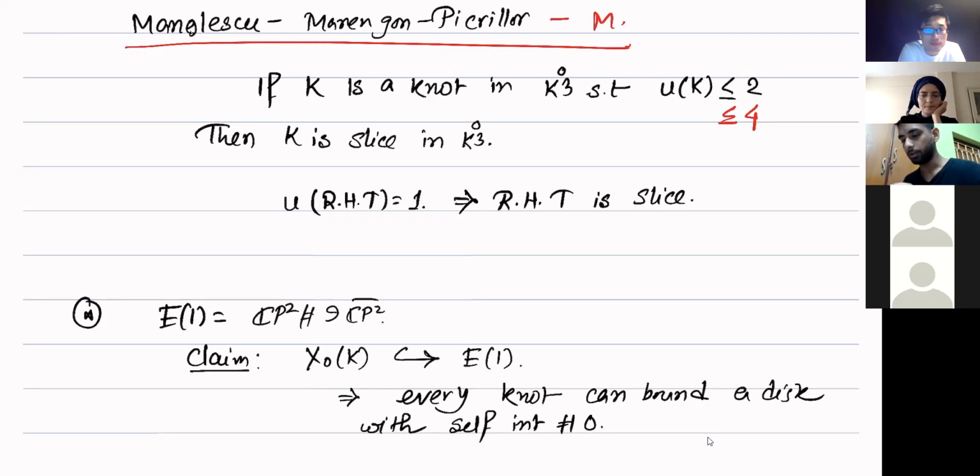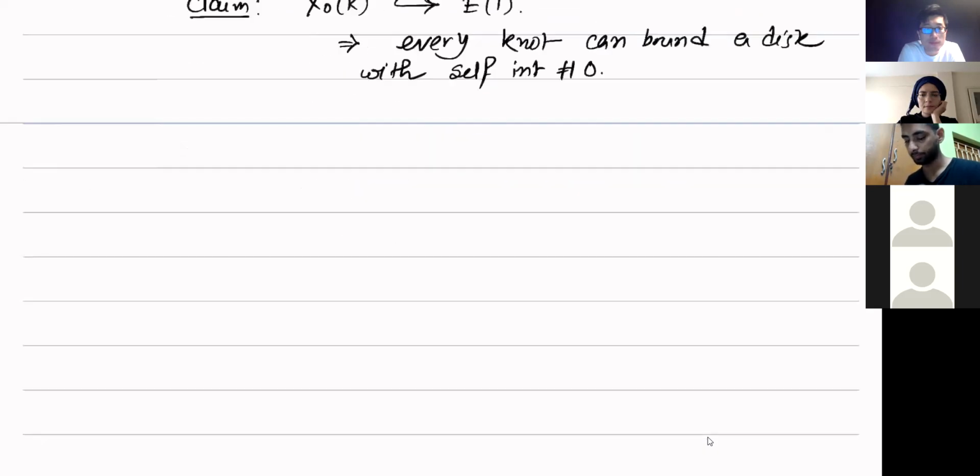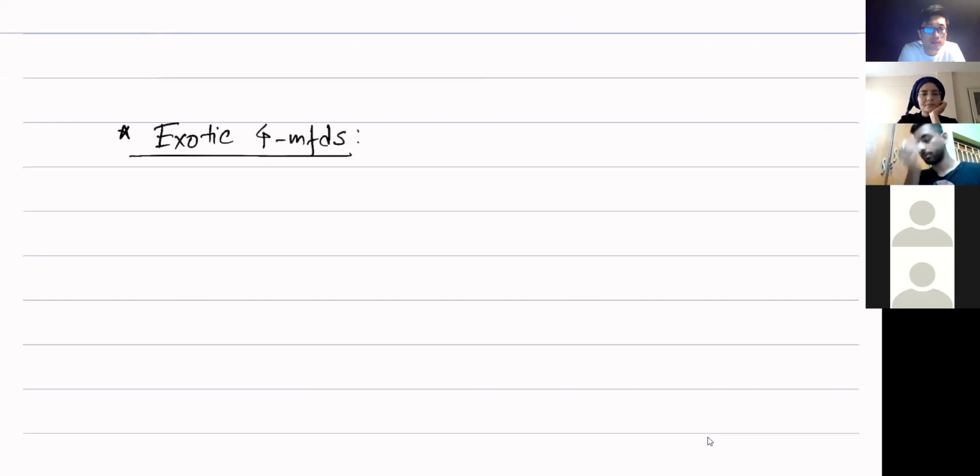So this is the first part. Now one small part I would like to mention is about exotic 4 manifolds. So now let's talk about exotic 4 manifolds. This new invariant also can detect exotic structures on 4 manifolds.